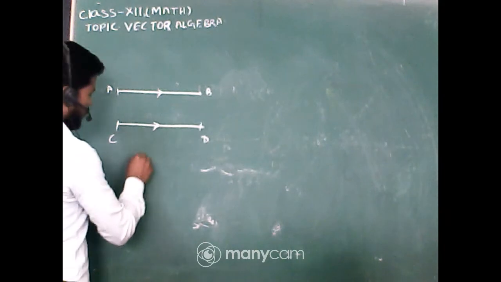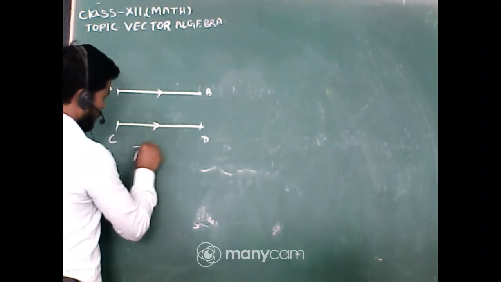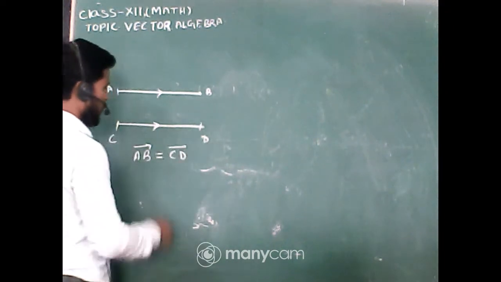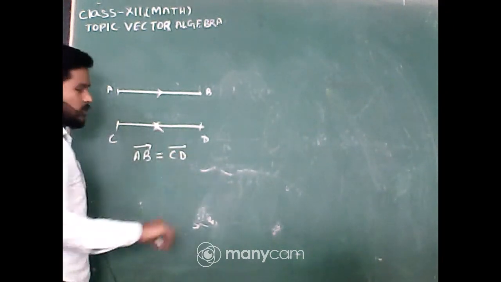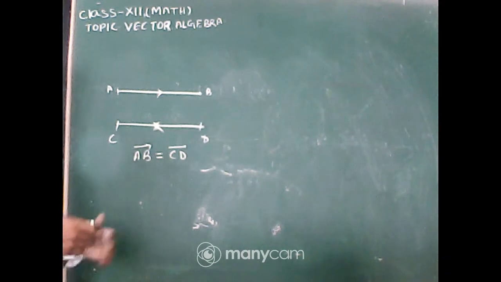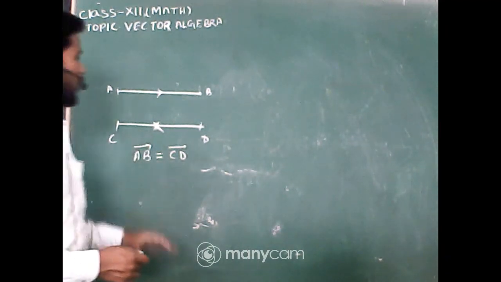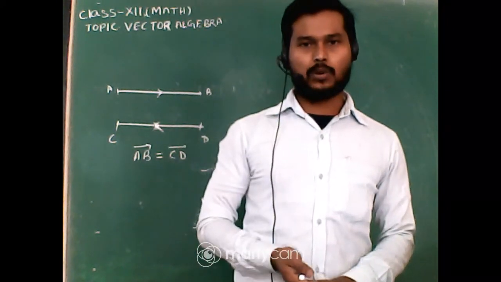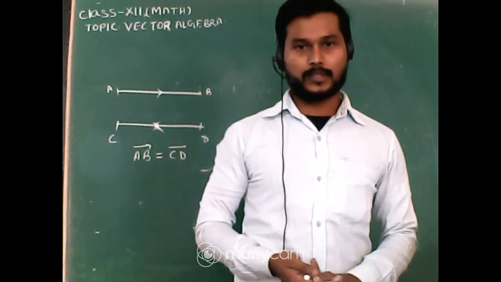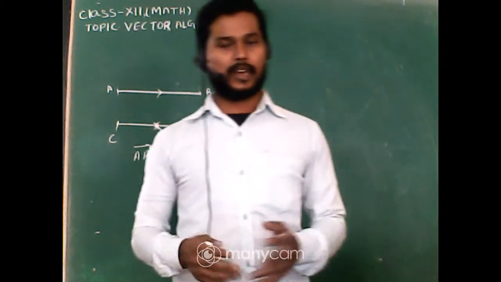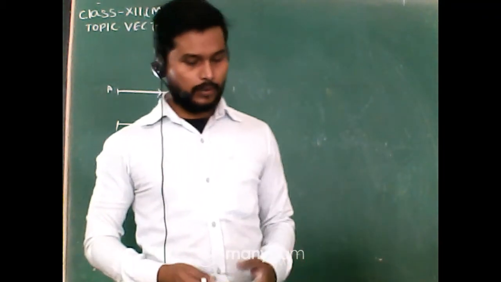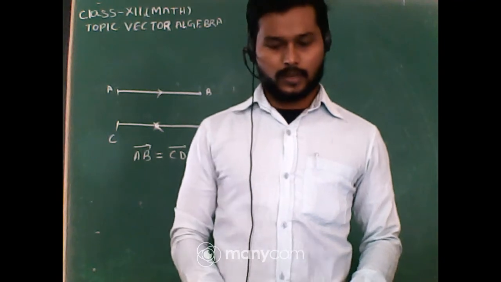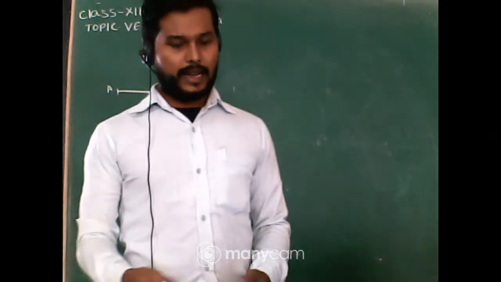Then in that case we can say that the vector AB is equal to the vector CD. If the direction is opposite but the magnitudes are the same, then we can't say that the vectors are equal. So to be equal vectors, two conditions must be satisfied: one, they have the same magnitude, and second, they have the same direction.